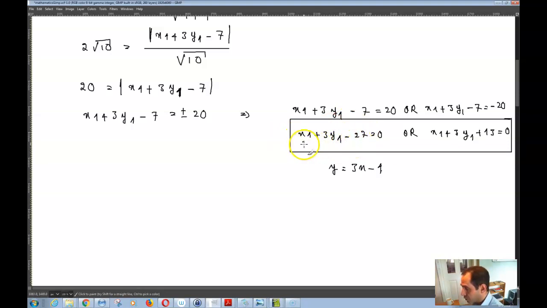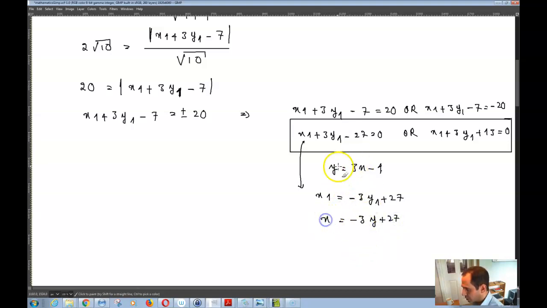If I use this equation over here, I can write x1 is equal to negative 3 y1 plus 27. And of course, instead of x1 y1, I can simply write x and y, because this point lies on this line. So I can write x is equal to negative 3y plus 27.